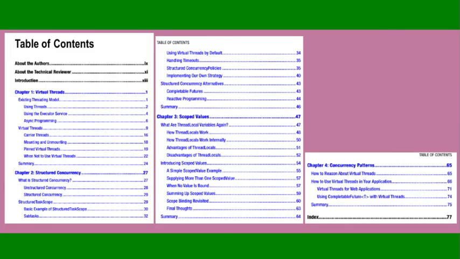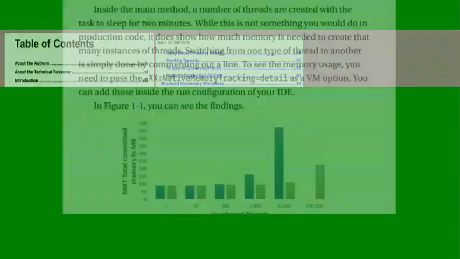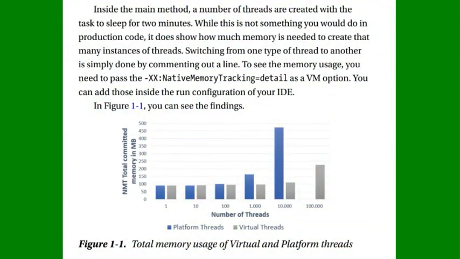The VT's current state, its stack, is saved off to the heap, and that carrier thread is immediately free to pick up the next waiting VT from the queue and start running it. I see. So the expensive carrier thread is never sitting idle waiting for I/O. It's always running some VT's code. Exactly. The VT that's actually waiting for the database or whatever is just sitting cheaply on the heap, consuming almost no resources until its I/O completes and it's ready to be mounted again.